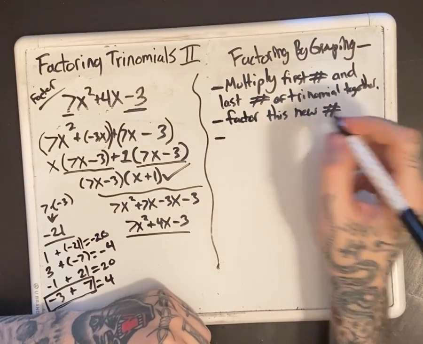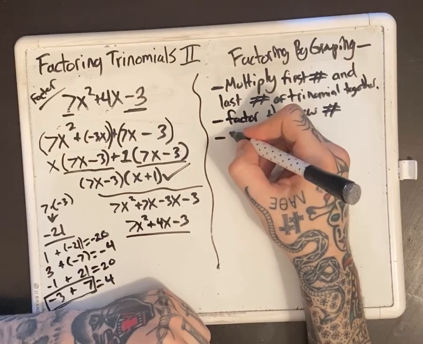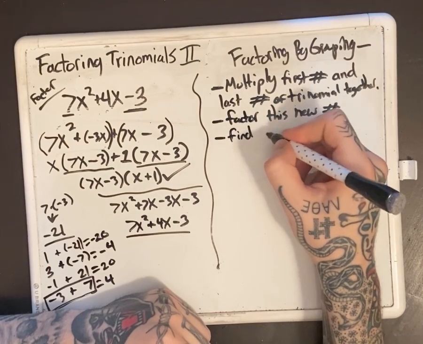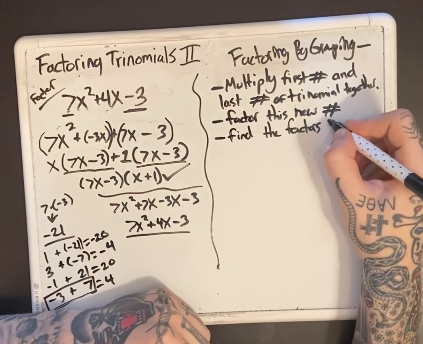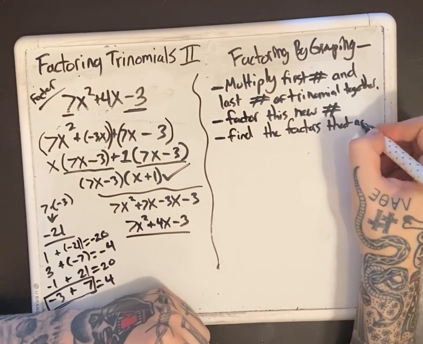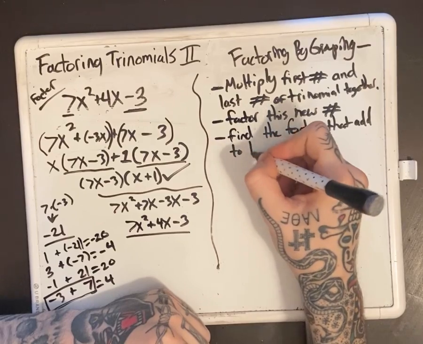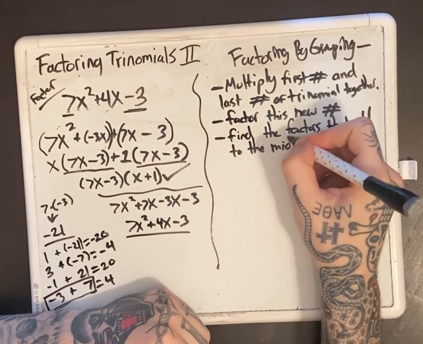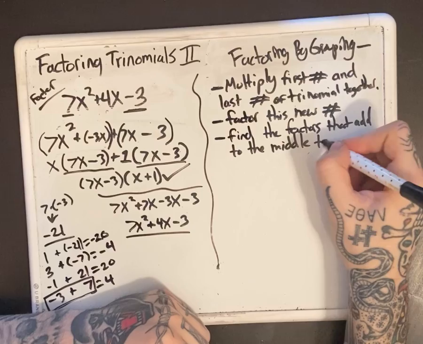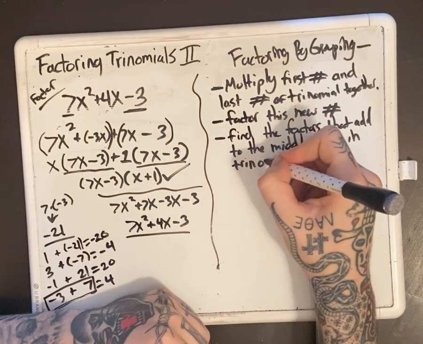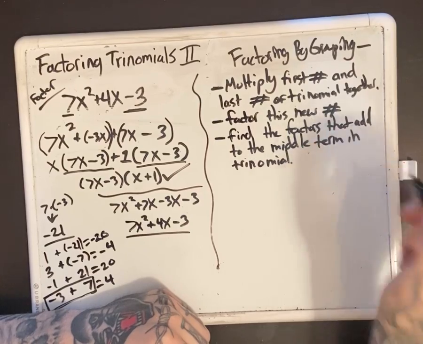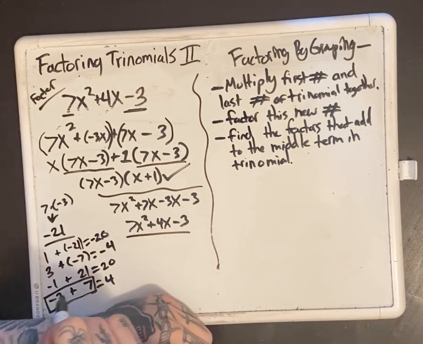After factoring, find the factors that add to the middle term in the trinomial. Okay, so we found it was negative 3 and 7.